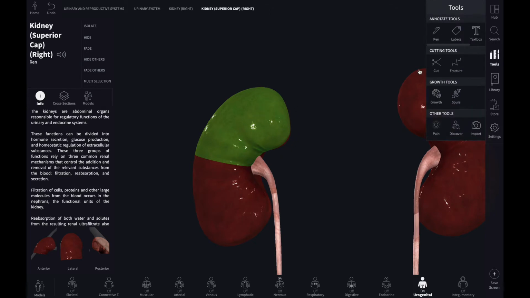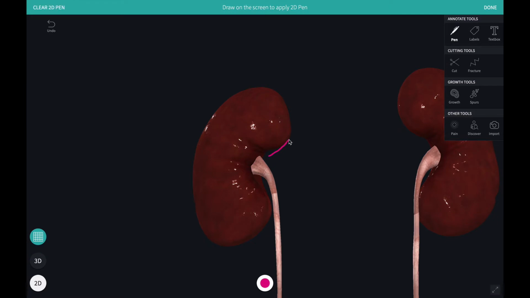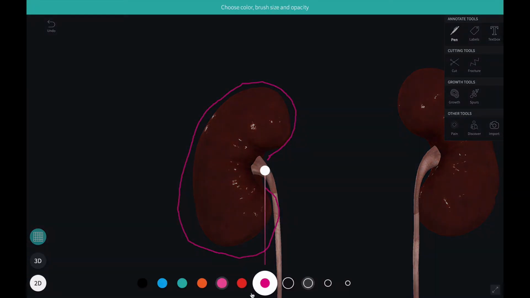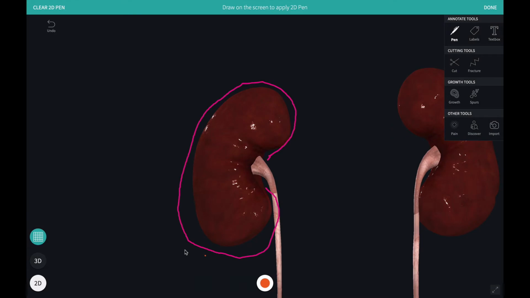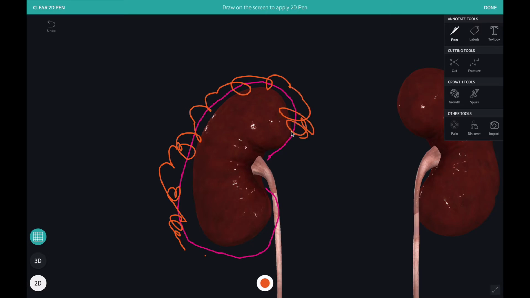There is a fascia like this that is covering the kidney. So this fascia is called Gerota's fascia, and there is a large amount of fat. This is the perinephric fat bed.